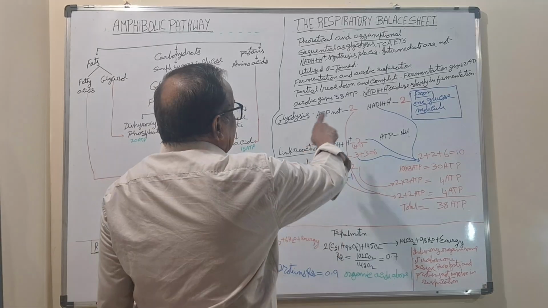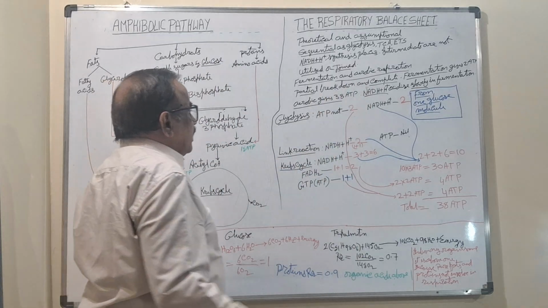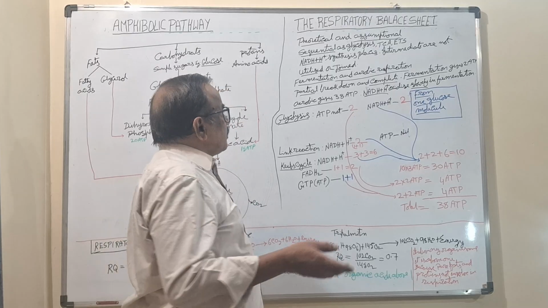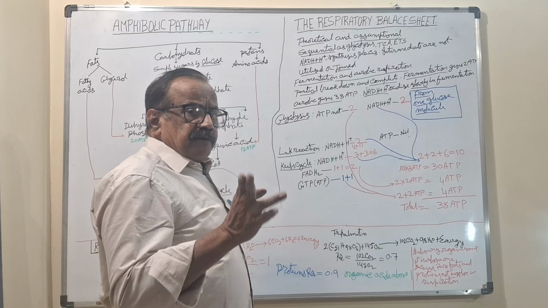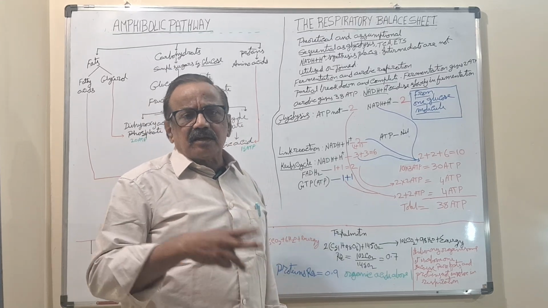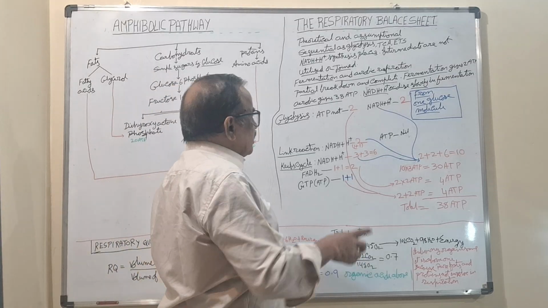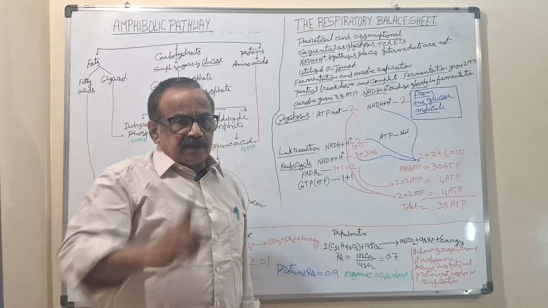And next, in fermentation NAD is regenerated without ATP, and 38 ATP will be produced in aerobic respiration. And next is partial oxidation in fermentation, complete oxidation in aerobic respiration. The third point he has given is the most important point, but many people neglect it, remember it.